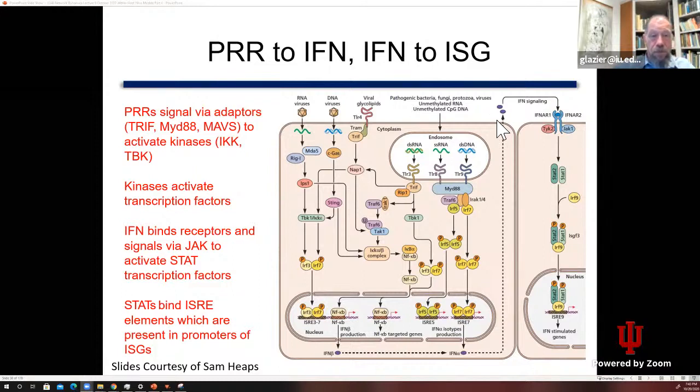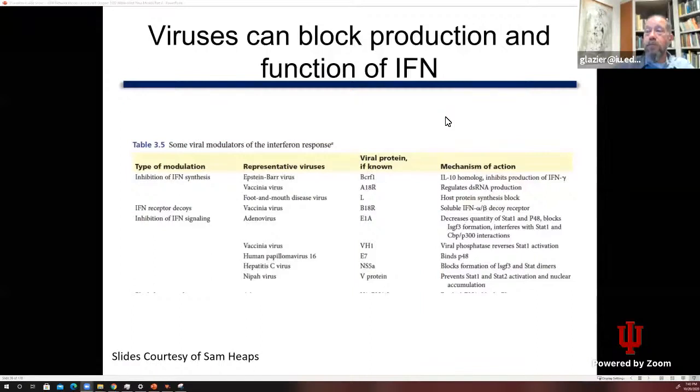And so one of the things that's sort of funny is that the interferon that's produced in the cell directly has to leave the cell and come back through a pathway to act. And that can cause some complications. If all of these defense mechanisms work perfectly, you wouldn't get infected.